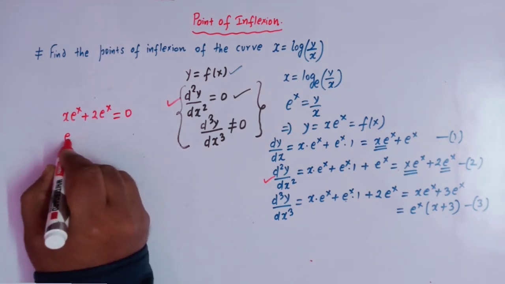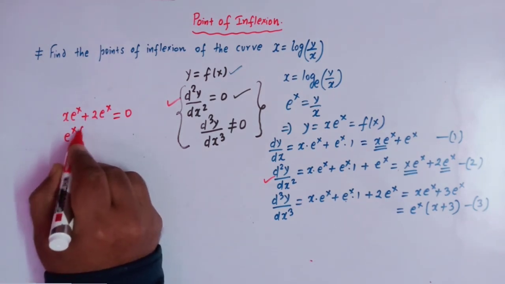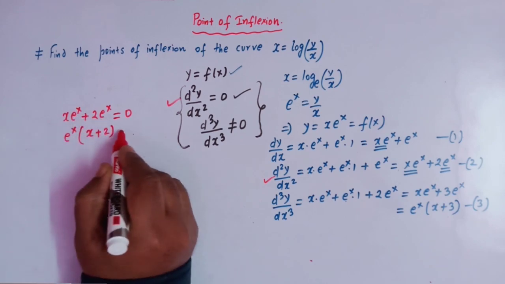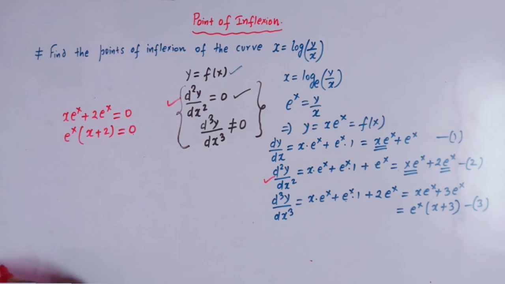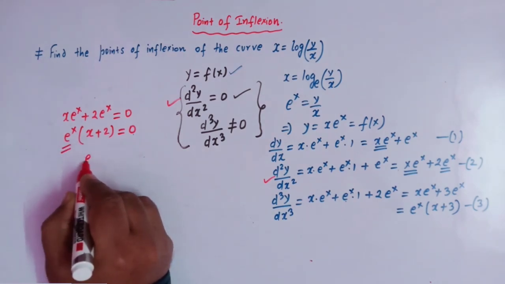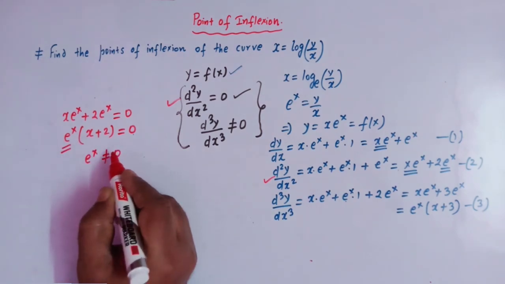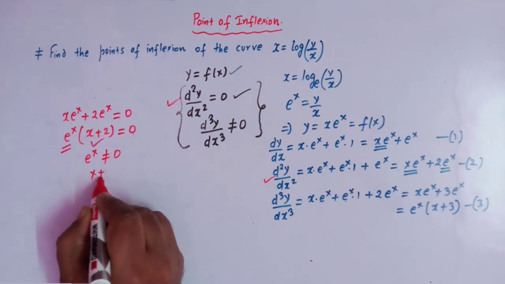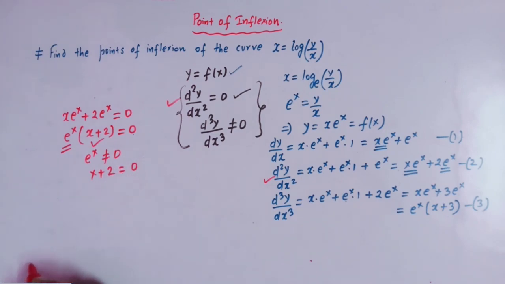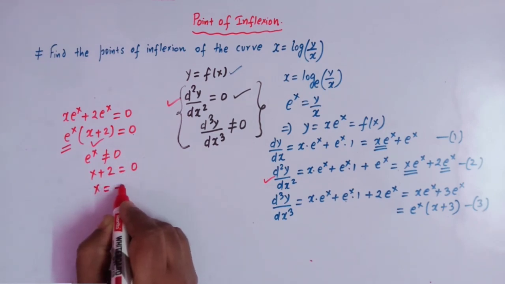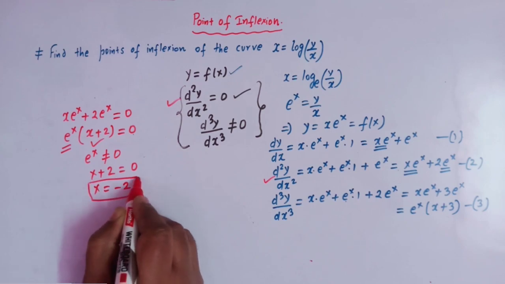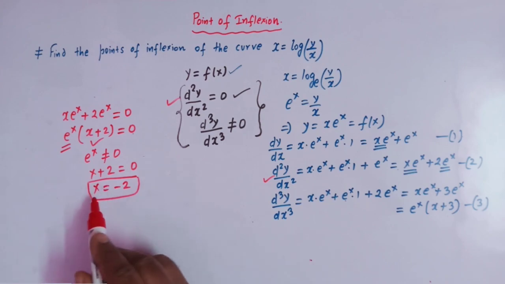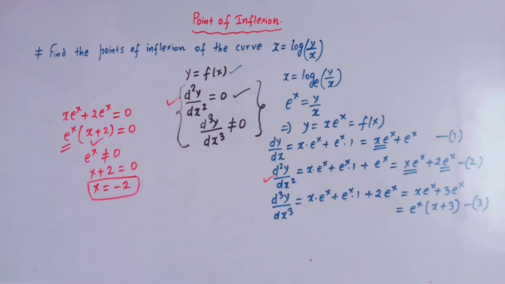Now we can rewrite this equation as e raised to x times x plus 2, taking e raised to x common, is equal to 0. Now see, e raised to x is not equal to 0 for any value of x, so this factor x plus 2 should be equal to 0. So we have x is equal to minus 2. So here the only point of inflection is x is equal to minus 2.